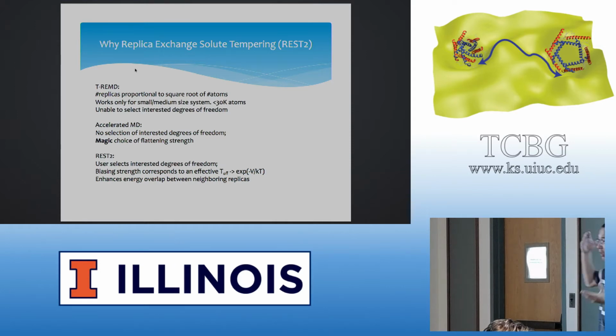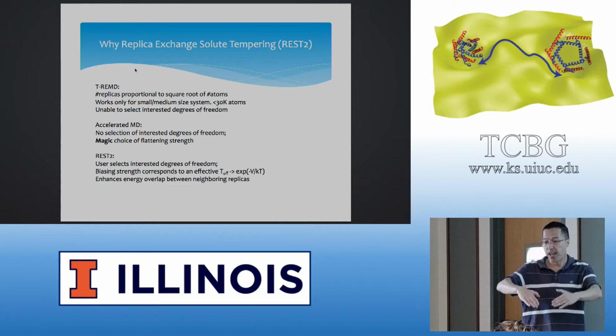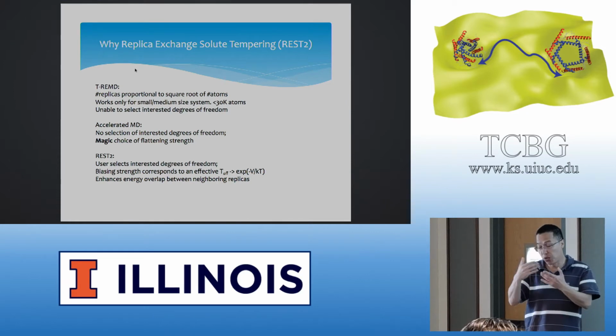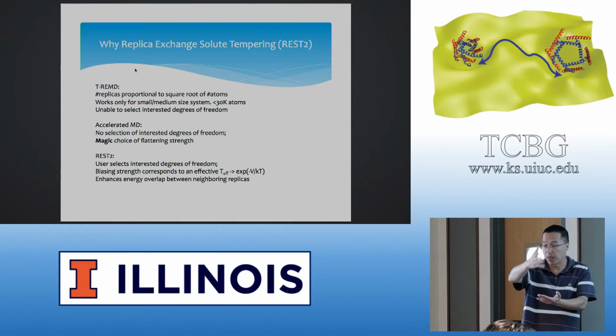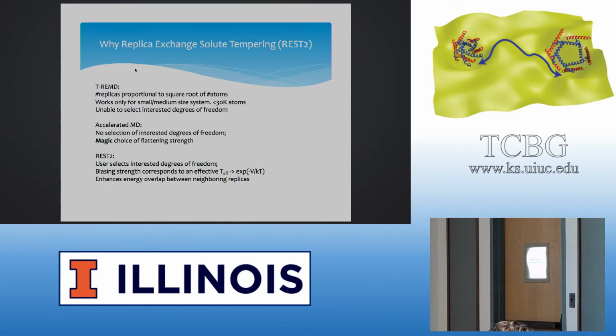For example, it still enhances the overall flattening of the overall potential energy barrier. For molecular recognition problems, we're still interested in just some binding pocket area or even just the ligand itself. That's difficult for accelerated MD to target specific degrees of freedom.